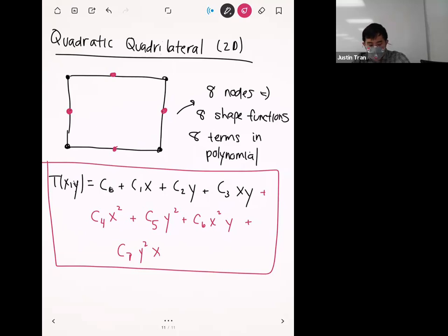Again, with c6 and c7, even though technically the overall power of those terms is cubic, because we have x squared multiplied by y, so the overall power is 3, individually for x and y we have only quadratic terms. And so we again have to rely on these pseudo terms to make it work with this many nodes.